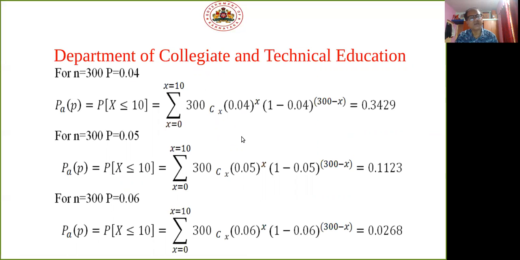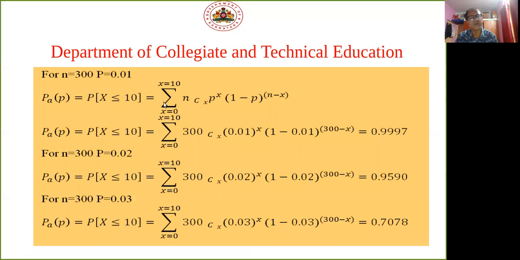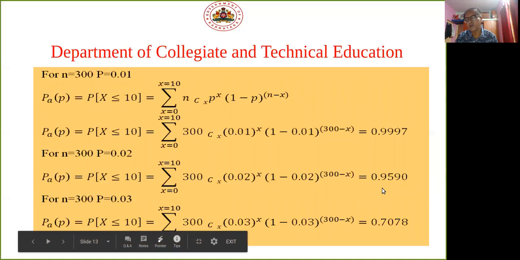Now you need to tabulate these values. For 0.01 you should take Pa equals 0.997. Like that, for 0.02 it is 0.9590.